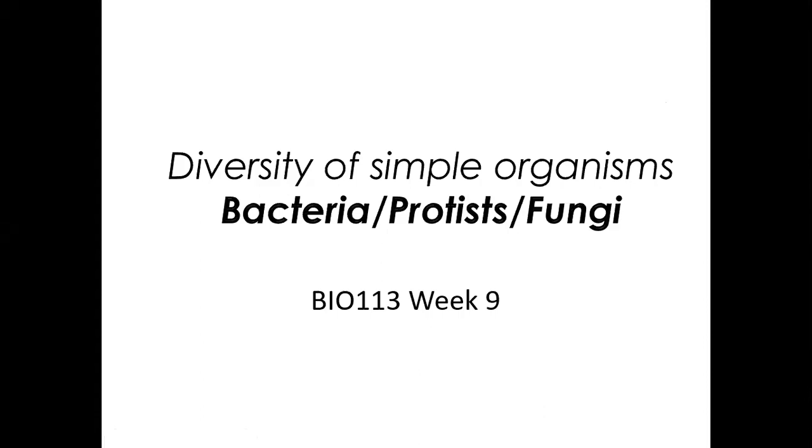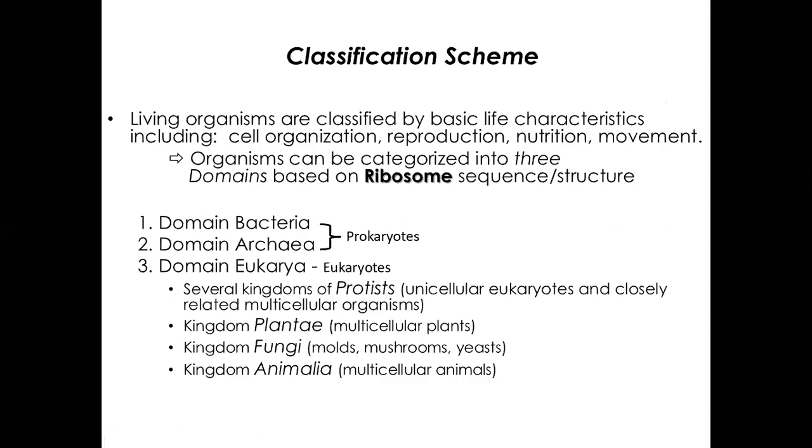So, let's see if I can get this to work here. All right, so we talked briefly before about classifications and how, of course, in biology we have to organize everything, and we use characteristics usually to classify things, along with the ribosome sequence, the genetic sequence of a specific part of the cell, to help characterize organisms into 3 domains.